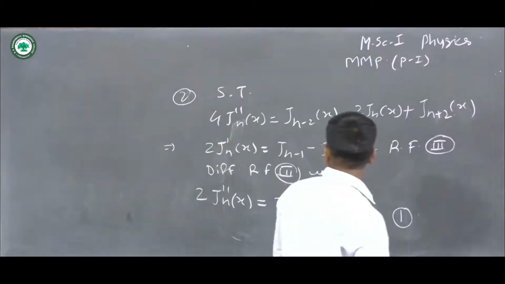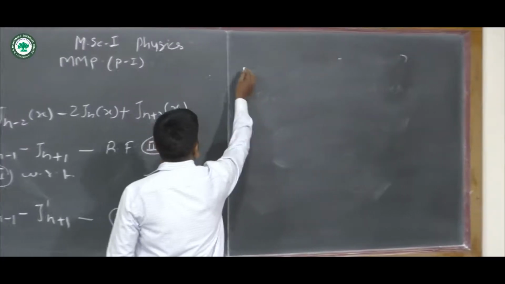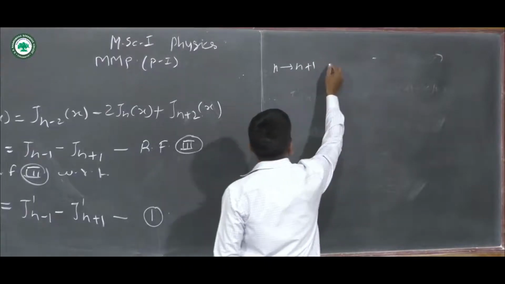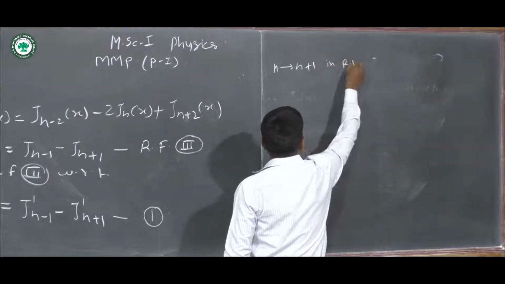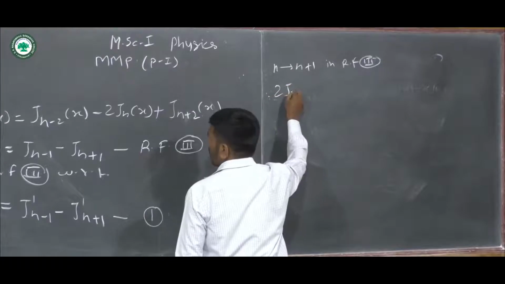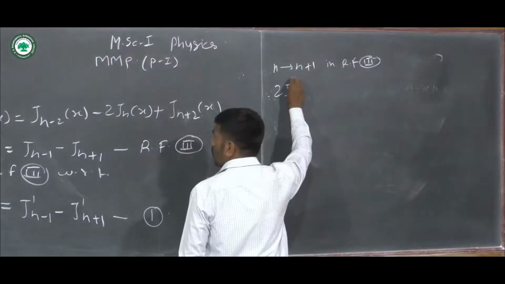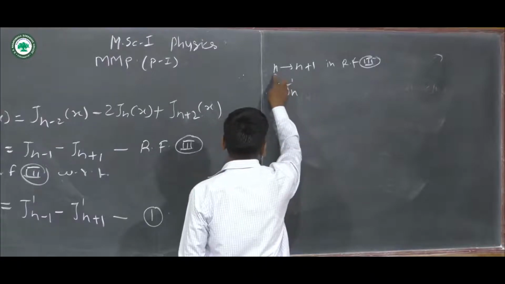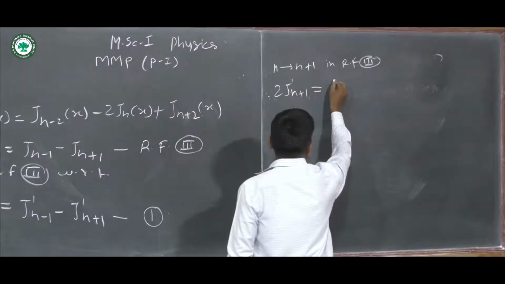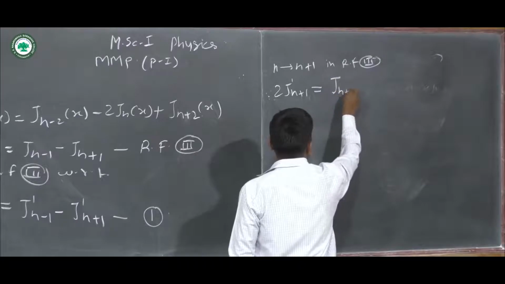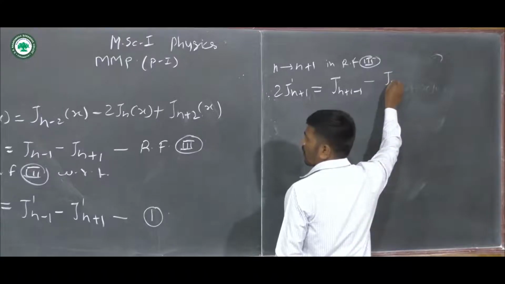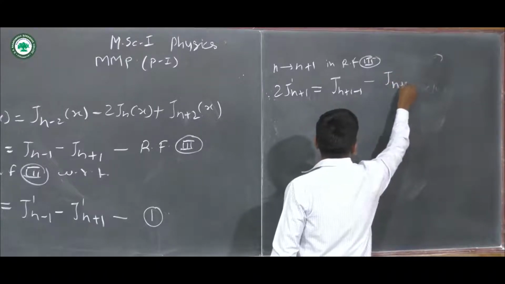Now if I replace n with n+1 in the third recursion formula, the expression becomes 2J'(n+1) = J(n+1-1) - J(n+1+1).